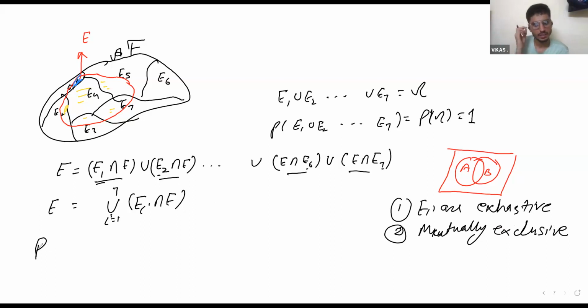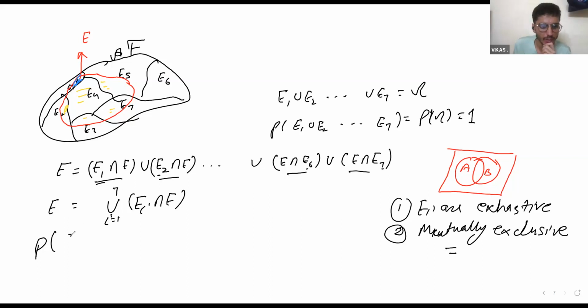Mutually exclusive means no matter how large a collection you take, 3, 4, 5, 6 or anything, if you take any collection and their intersection is empty, then it is mutually exclusive. And pairwise disjoint means that if you take any two sets from the collection and take their intersection, that will be empty.